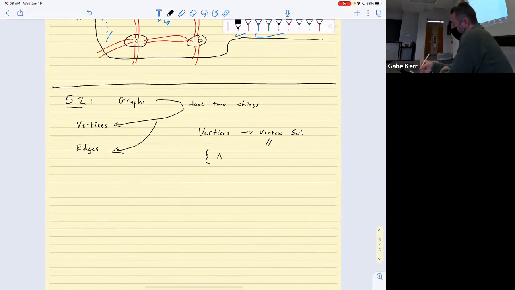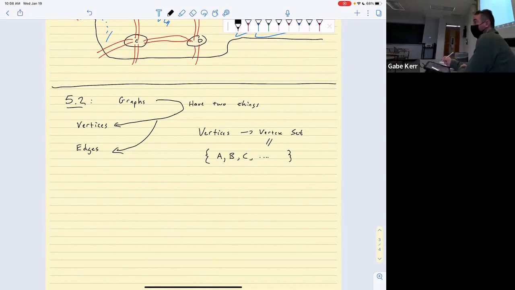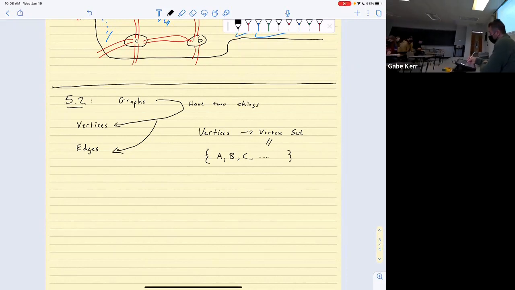And the book uses capital Roman letters. Of course, you can use lowercase or words, you can use pictures if you want, whatever. It's just a set of labels that identify your vertices.